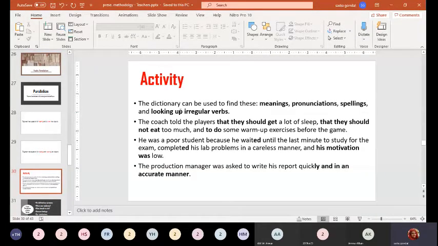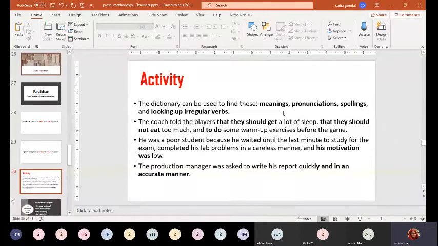It was very simple, but most of you were not able to give this answer. Most of you said that look up is correct. No, look up is not correct. It should not be there in the first place, because the word looking up is creating, again, an odd one out in this list of meanings, pronunciations, spellings.